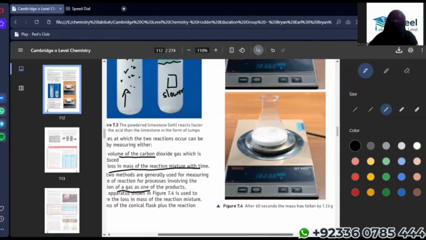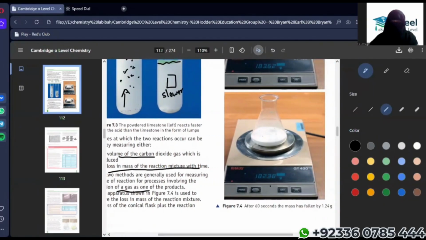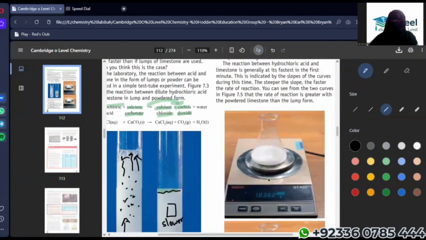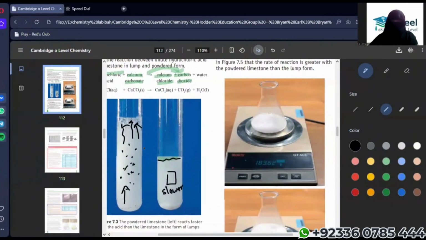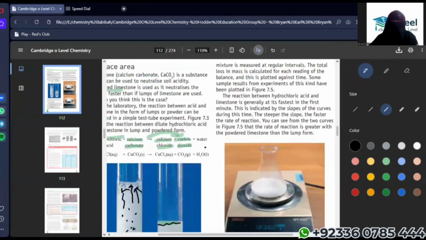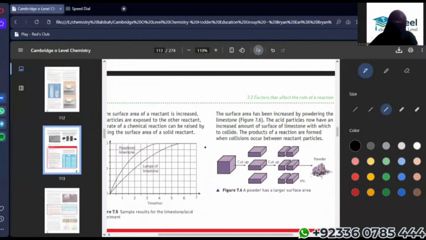So, how do you measure? You measure the mass using a balance, and you measure the volume of the gas being produced using a syringe. And that is how you find out whether surface area affects the rate of reaction.